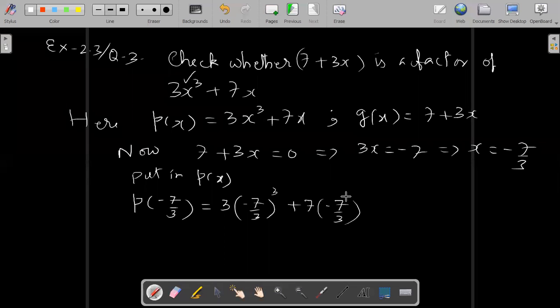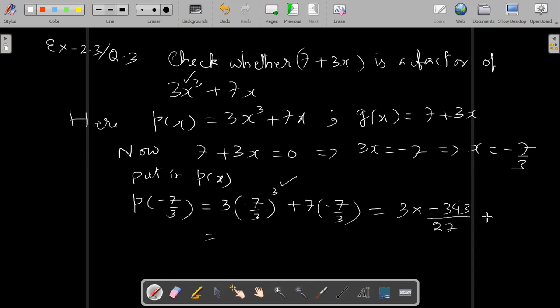3 into 7 multiplied 3 times, we get 343. So this will become, again you should write the step here, but I am writing 3 into negative, because the power is odd, so the answer will be negative 343 upon 3 times 9, 3 times 9 is 27.